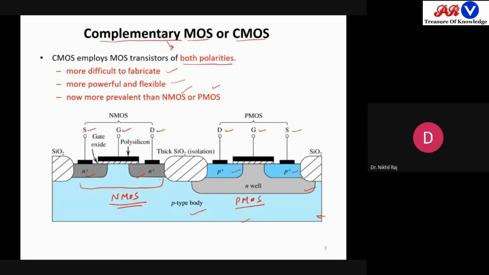And since NMOS and PMOS, let's say this is your PMOS and this is your NMOS, we cannot short them together because they have different regions of operation depending upon their bias voltages. So we cannot directly short. Rather, we create an insulator in between, that is your thick oxide SiO2 layer.